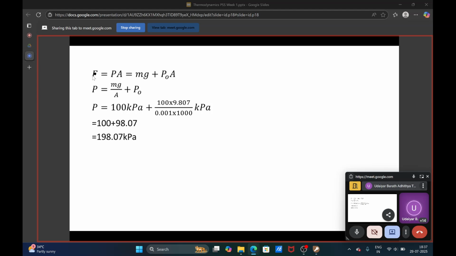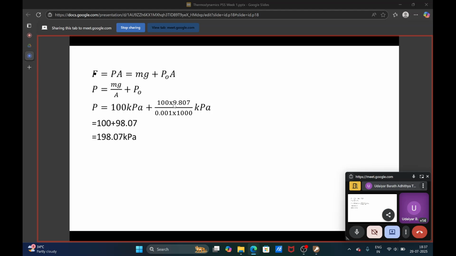So your force is P into A, which is mg, your weight, plus your atmospheric force because of the atmospheric pressure, so P naught into A. If you rearrange it, the total pressure required is mg by A, which is the pressure exerted by the piston weight, plus your atmospheric pressure.